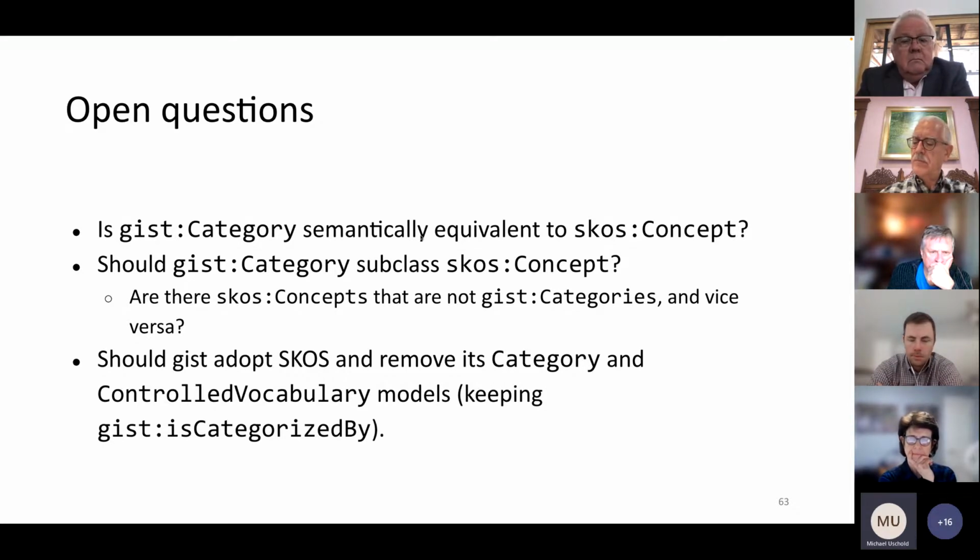That's a possibility, but for now, I think we should keep it. As far as is just category the same as SKOS concept, I don't think so. I believe that SKOS concept is broader. It essentially includes absolutely anything at all, whereas just category really is meant to be something that categorizes something. It's identifying some kind of bucket. Does this thing go in the bucket or doesn't it? And a SKOS concept isn't really designed for that.